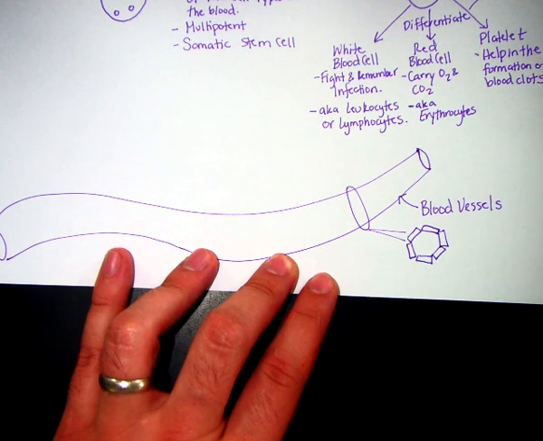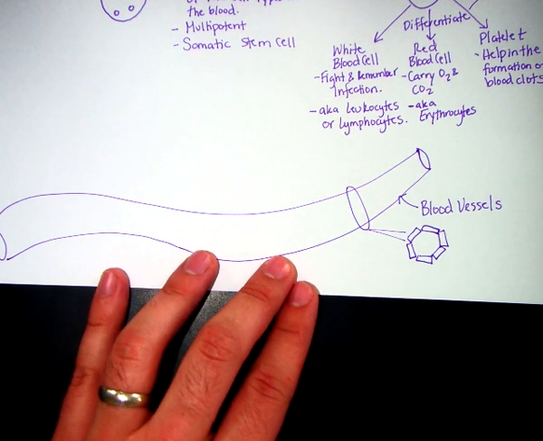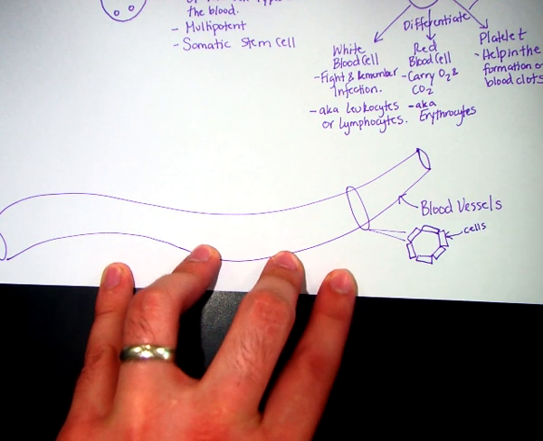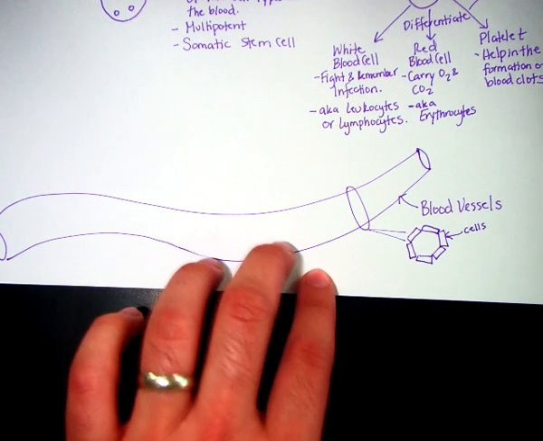There's cells that make up the lining of the tube that then become the blood vessel.